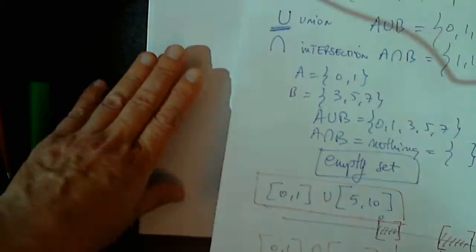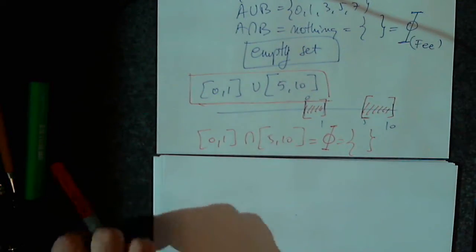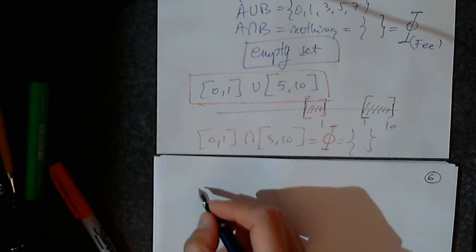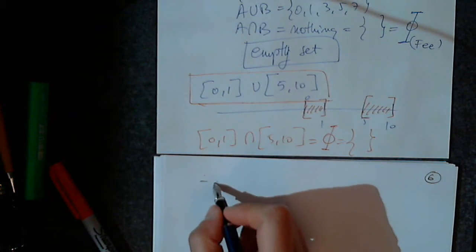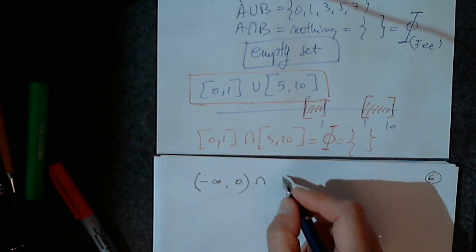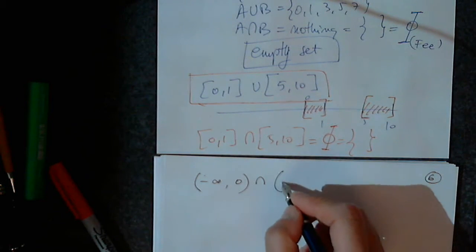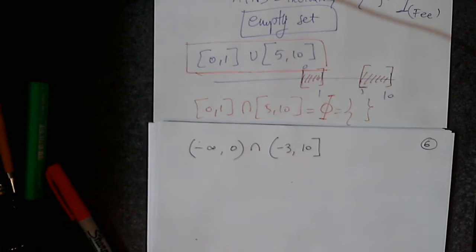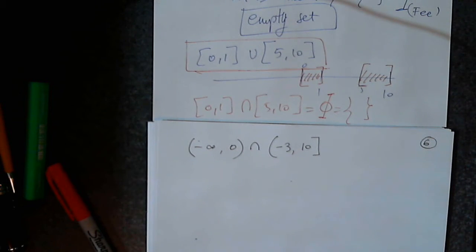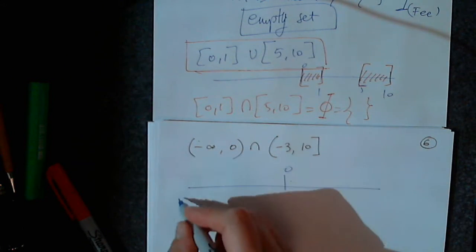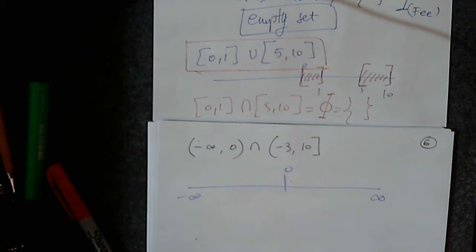Here's another example. So let's say negative infinity, 0, intersected with negative 3, 10. And you can say, well, I don't see this. Show me. First, graph it, and I'll do that. 0 in the middle, negative infinity and infinity.